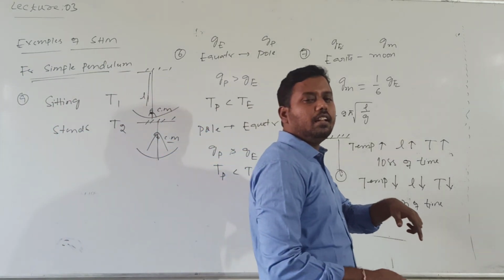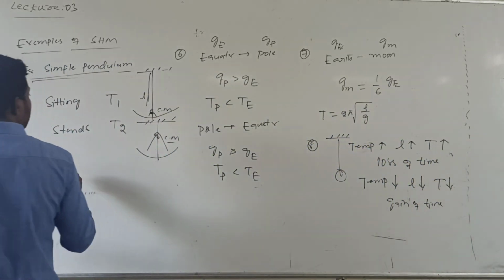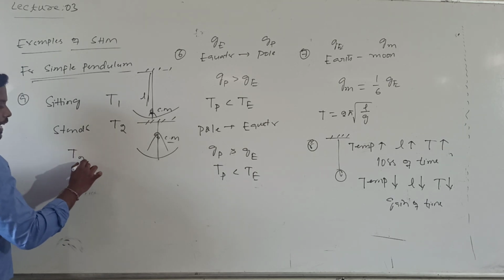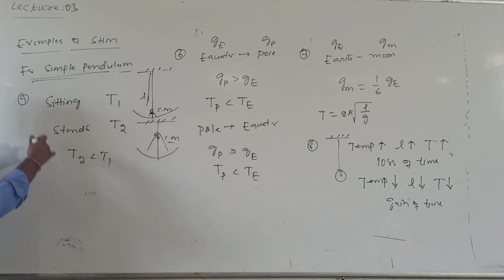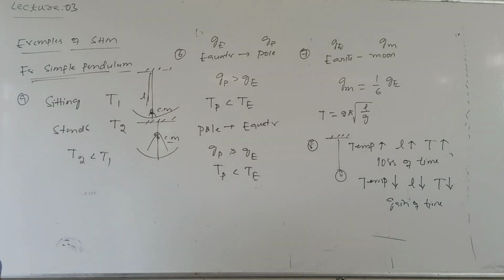Due to the decrease of length, the time period T2 is less than T1. This is also one important application. Initially a boy was swinging in a swing in a sitting position. If that boy suddenly stands, what happens to the time period of oscillation of that swing? The time period value is going to decrease.